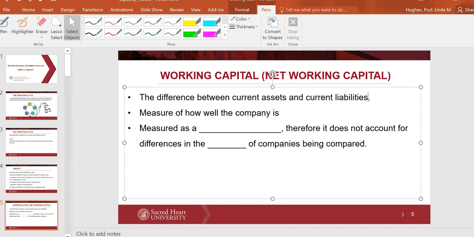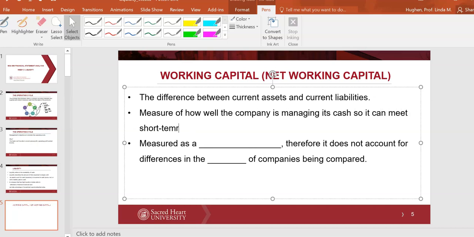And think about the most basic current assets: cash, accounts receivable, which will soon be converted or collected in cash, and inventory that will either be sold directly for cash or sold for an account receivable, which will then be collected in cash. It's a measure of how well the company is managing its cash, so that it can meet short-term obligations, pay its short-term bills.